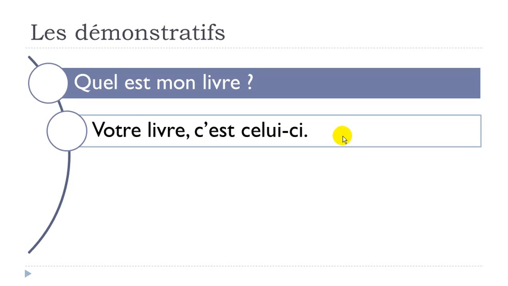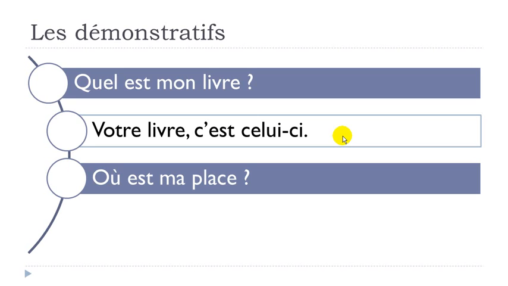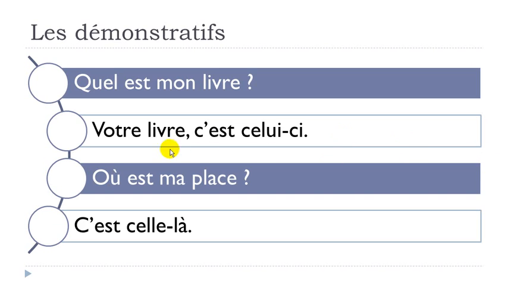Okay, and then normally when you say that, you tend to indicate it with your finger as well. So you point at the book. Votre livre, c'est celui-ci. Où est ma place? Where is my seat? Où est ma place? C'est celle-là. Okay, same thing, you tend to point at the same time. Okay, c'est celle-là.